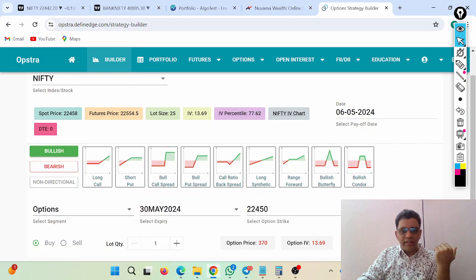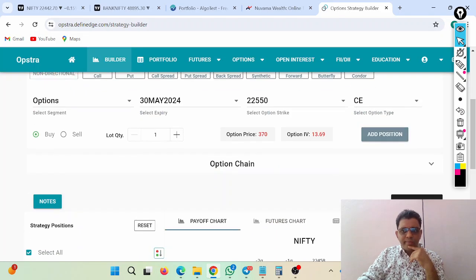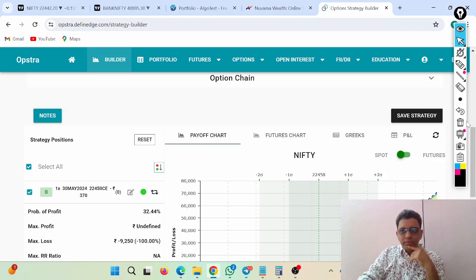Let's assume that I am buying at the rate of 370. So I added this. Look here carefully. 30th of May, this is the expiry. 22,450, that is the at the money call option I am buying at the price of 370.